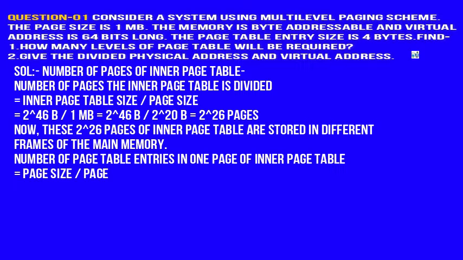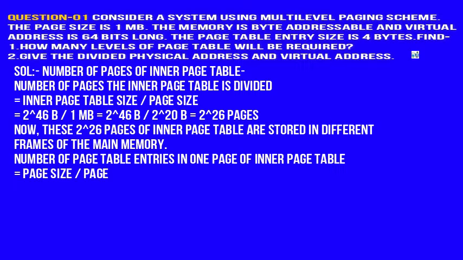Now these 2 to the power 26 pages of the inner page table are stored in different frames of the main memory. The number of page table entries in one page of the inner page table equals page size divided by page table entry size. The page size is given as 1 megabyte and the page table entry size is already given as 4 bytes, so 2 to the power 20 bytes divided by 2 to the power 2 bytes equals 2 to the power 18 entries.